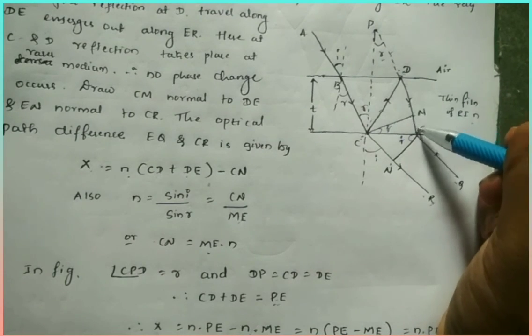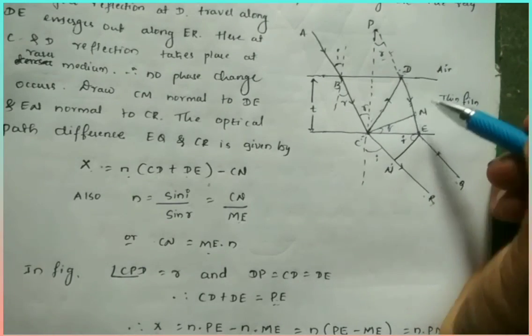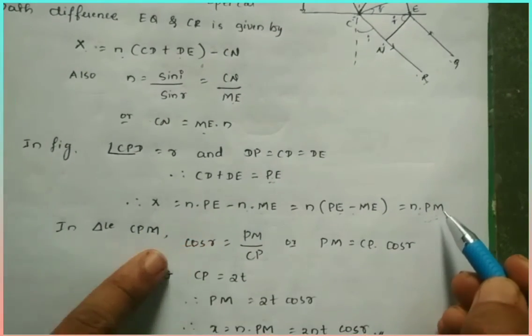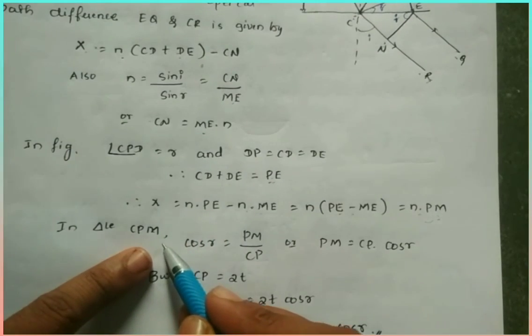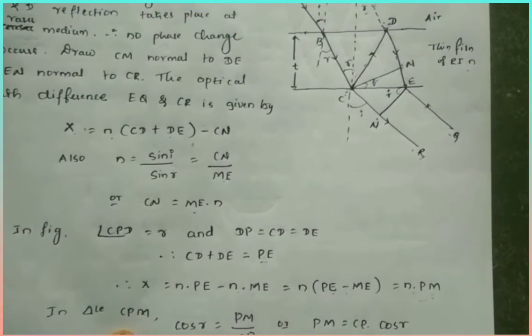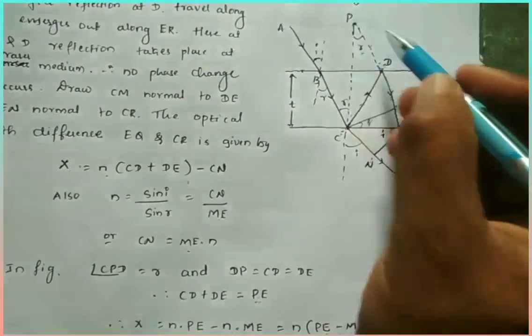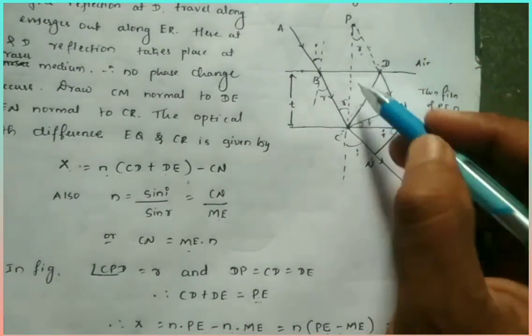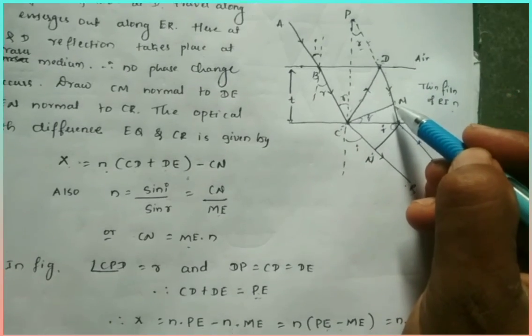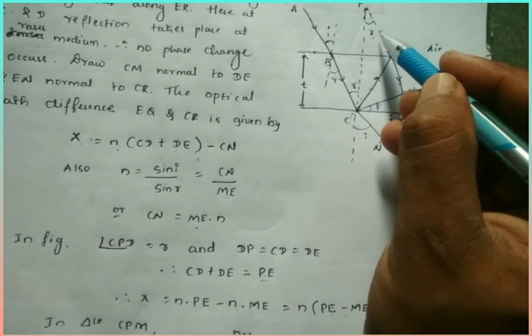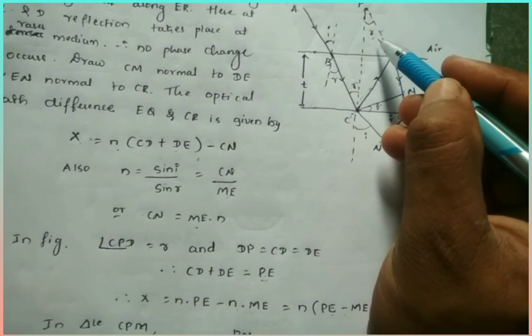PE minus ME, the remaining is PM. So we take that PM here, so n dot PM. So in the triangle CPM, we have to take cos r, adjacent by hypotenuse.